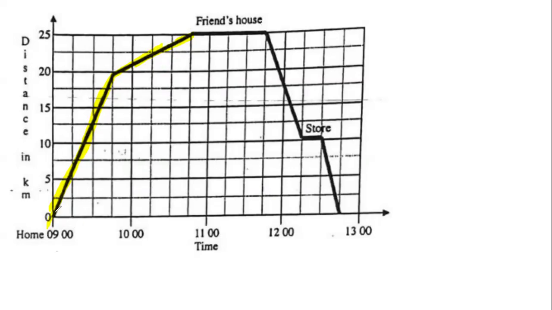Okay, so this is going to be from 9 to 9:15, from 9:15 to 9:30, because each interval is 15 minutes, from 9:30 to 9:45, and from 9:45 to 10 o'clock.